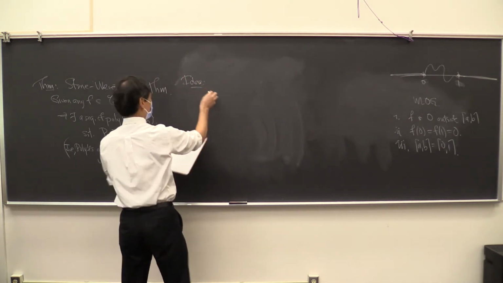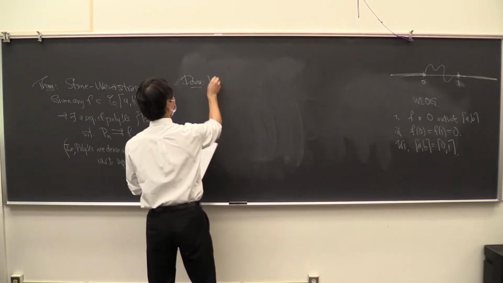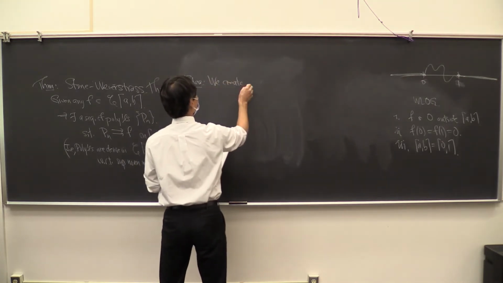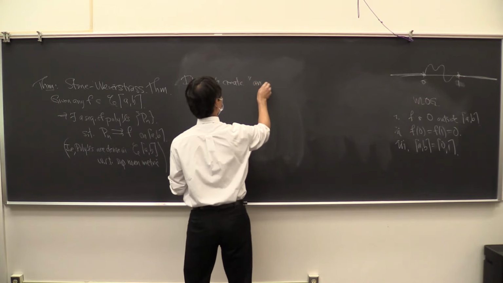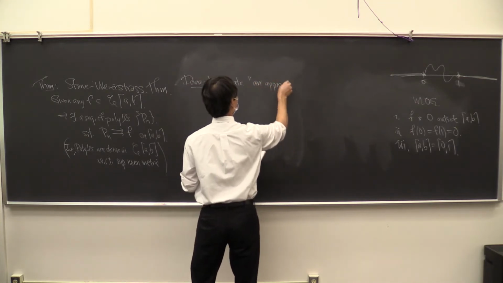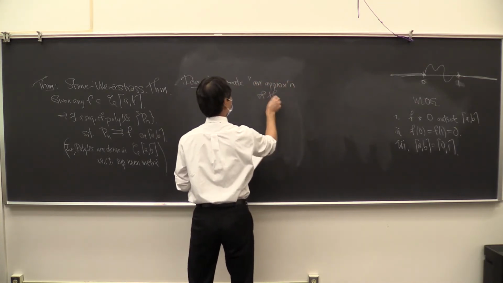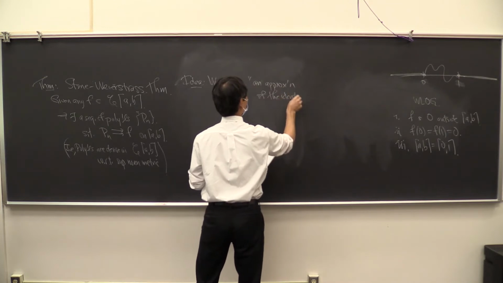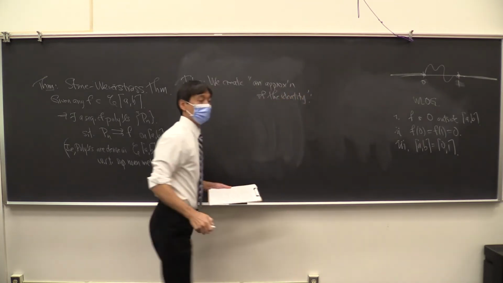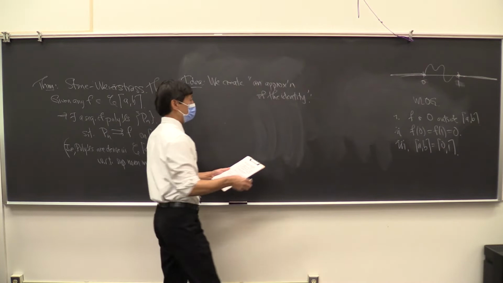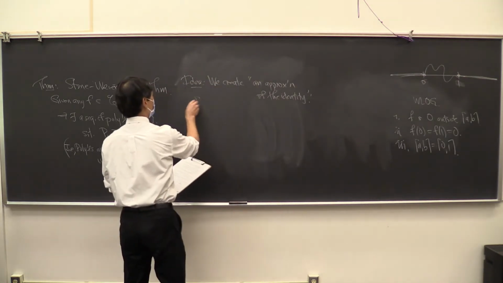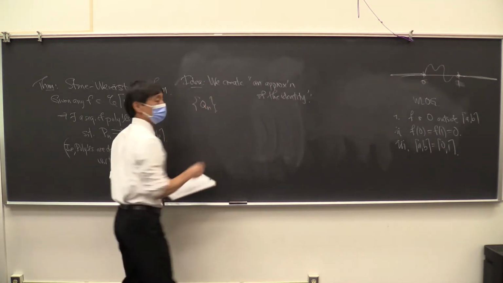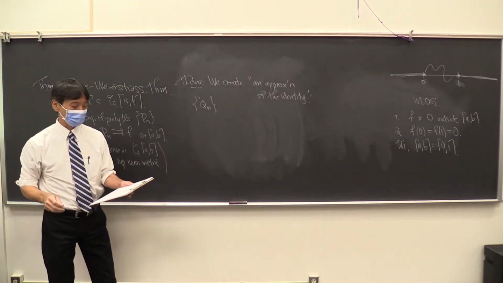The idea is we create what's called an approximation of the identity, a sequence of functions that we'll call Q sub n.